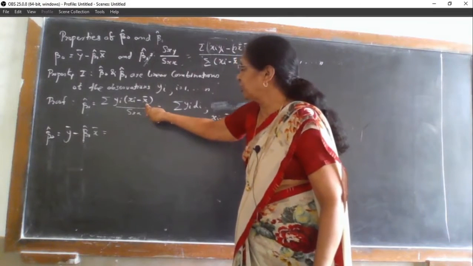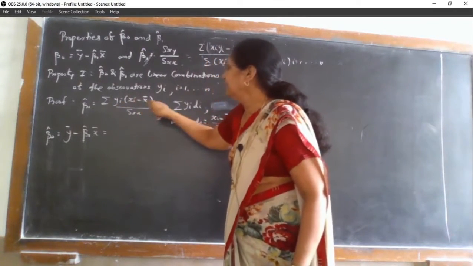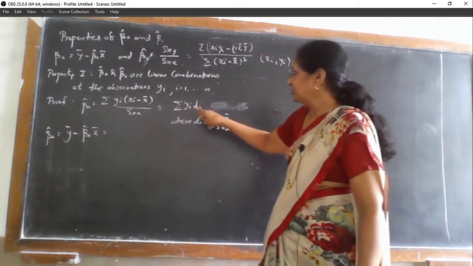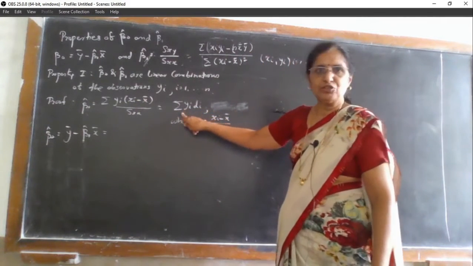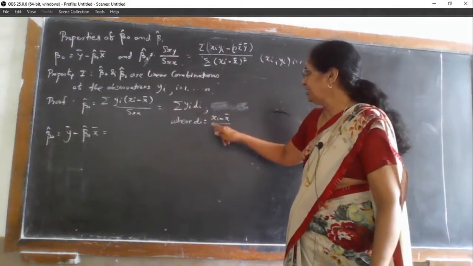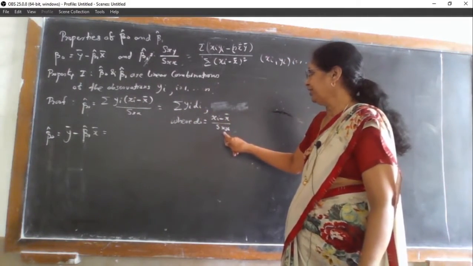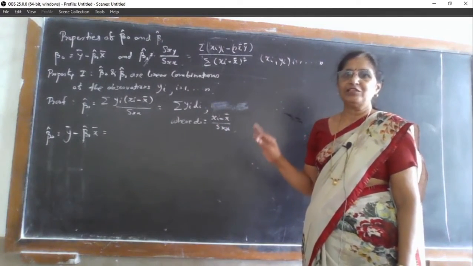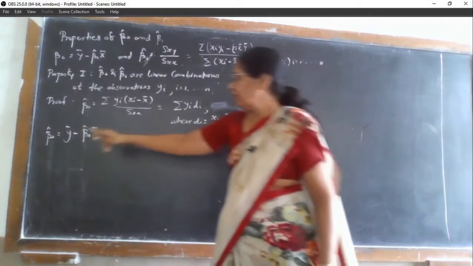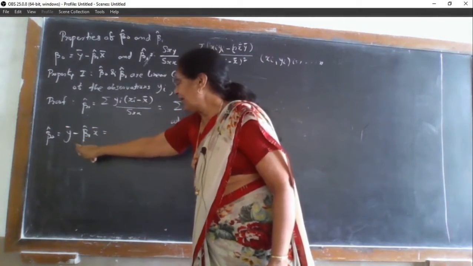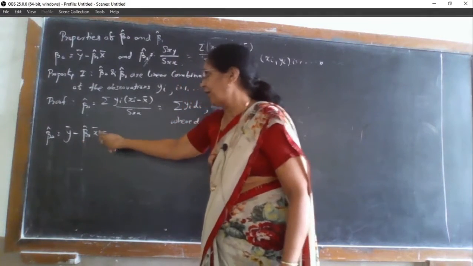Again x bar is constant, into summation of yi is n times x bar into y bar upon Sxx, which you can write as summation of yi into di. And what is di? Di is (xi minus x bar) upon Sxx, which you can call a normalized x variate. Okay.